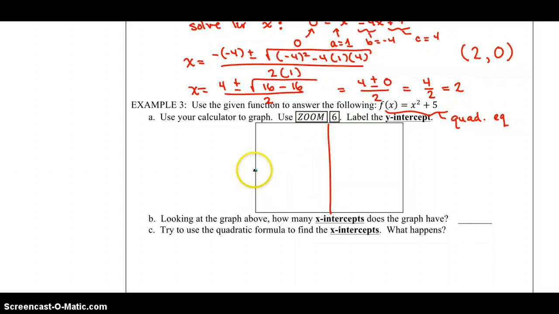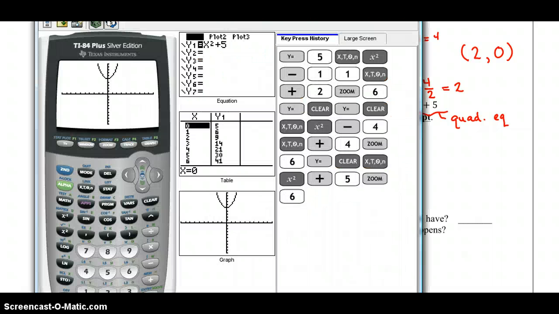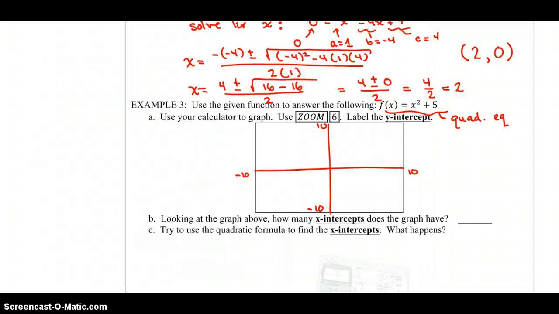So Zoom 6, our standard window, runs from -10 to 10 in both directions. And our graph, let's see, our y-intercept here, the output when the input is 0. So if we input a 0 for x, we get 5. So we have this point at 5 and our parabola that goes through like that.